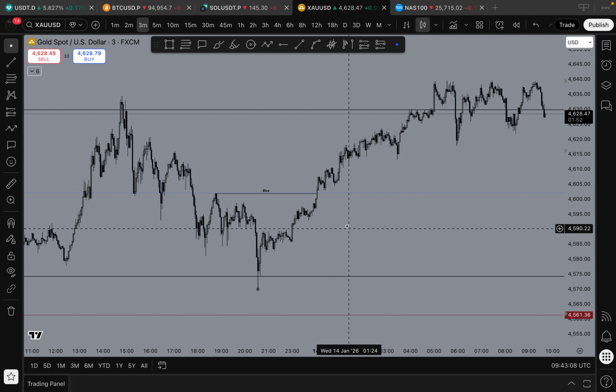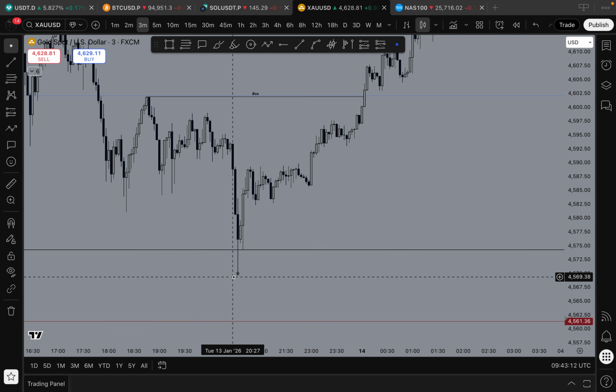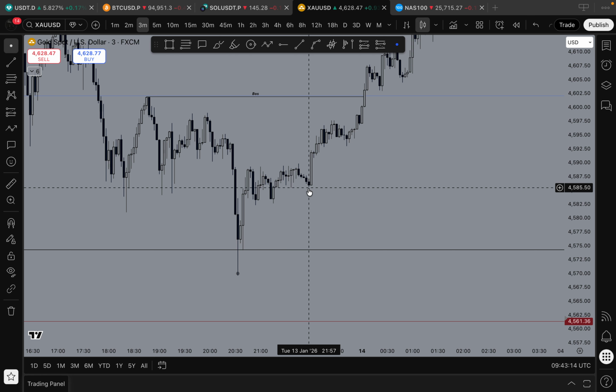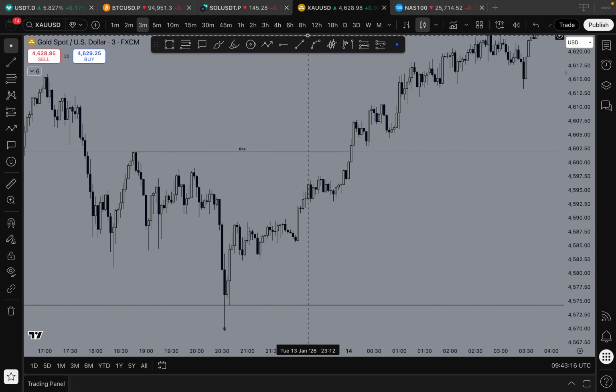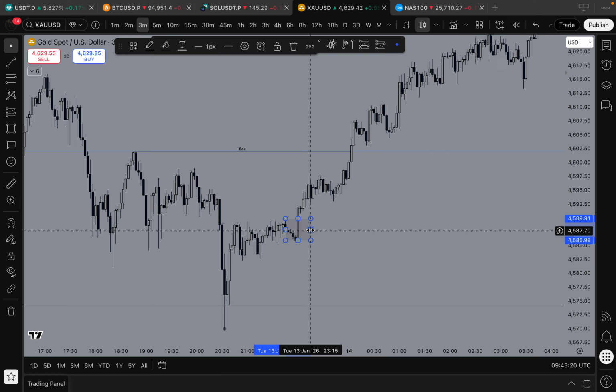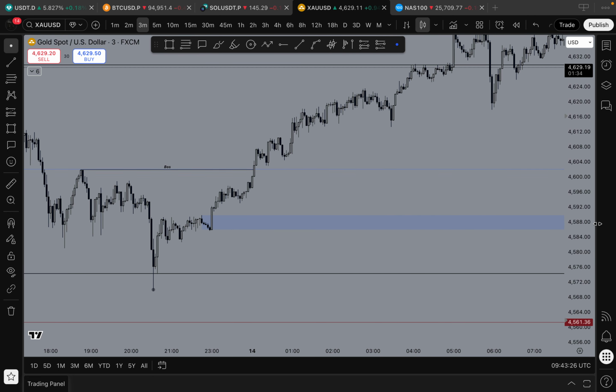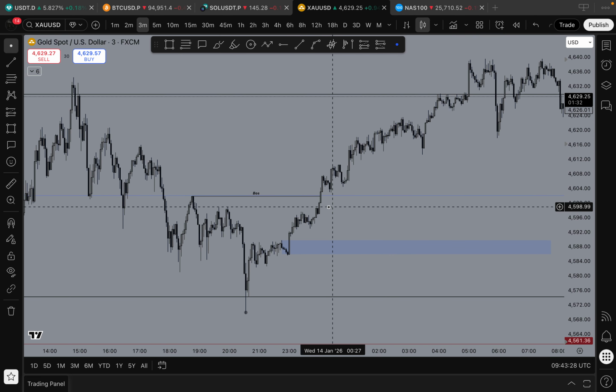So at that point, I would look, where is demand? What did price leave behind? Then I can see here you have this pull down, bam, push up, leaving demand behind. So this is an OB I would look at. That if price comes back for that, you can look for the higher low play. Then you also have like a little demand block right there.